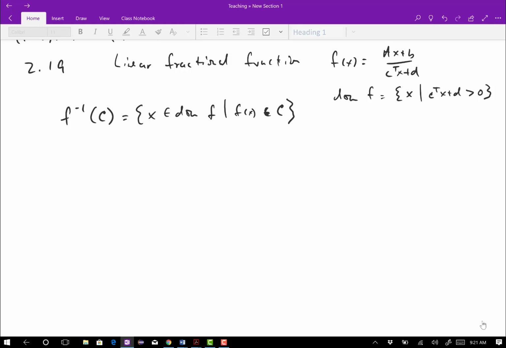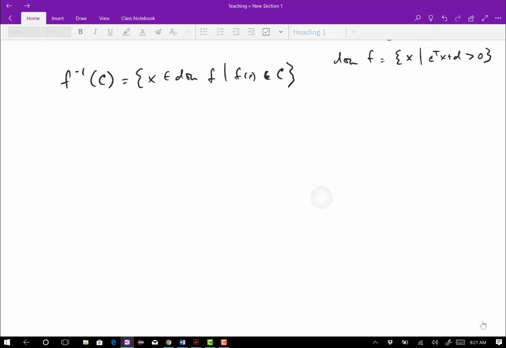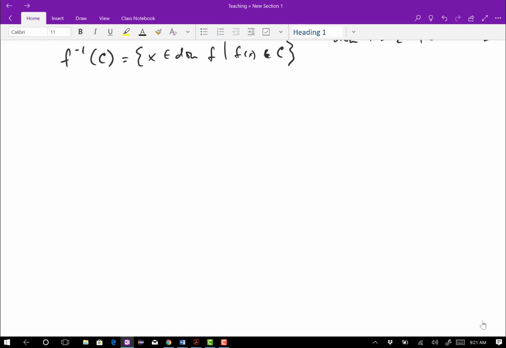And what we're asked to do here is to give a description of the inverse image under the linear fractional function for the sets, and it looks like there are 4 parts to the problem. And I just want to work through the first one to give you guys an idea of how to approach these. So the first one, we're given a half space.